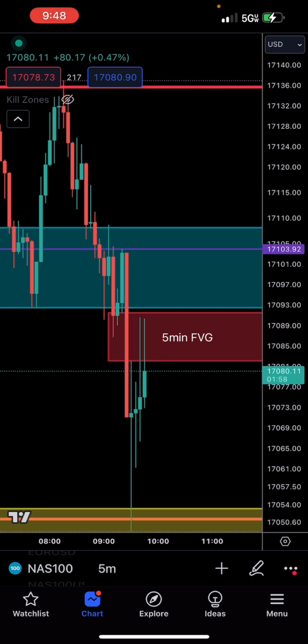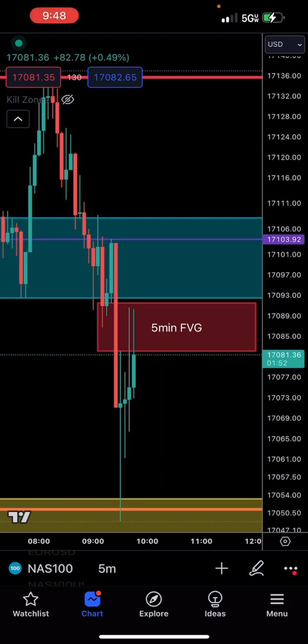We may not even get the blue zone. I really wanted to get a wick entry on that breaker, but it may not give it to me.